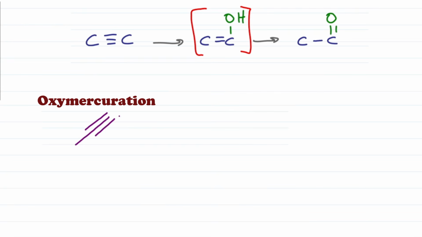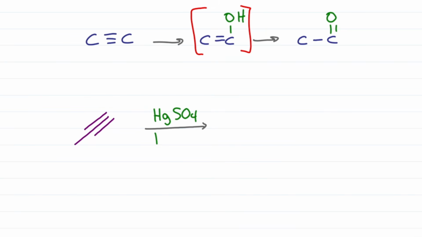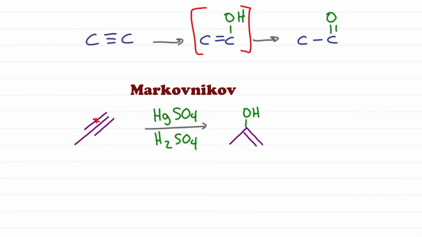If I react an alkyne with HgSO4 in H2SO4, one of the pi bonds will break. My intermediate still has one pi bond, and where the other one broke, I now have an alcohol. Because oxymercuration follows Markovnikov's rule, if I start with an asymmetrical alkyne, the alcohol will add to the more substituted carbon. This is an unstable molecule, and so the reaction does not stop here.